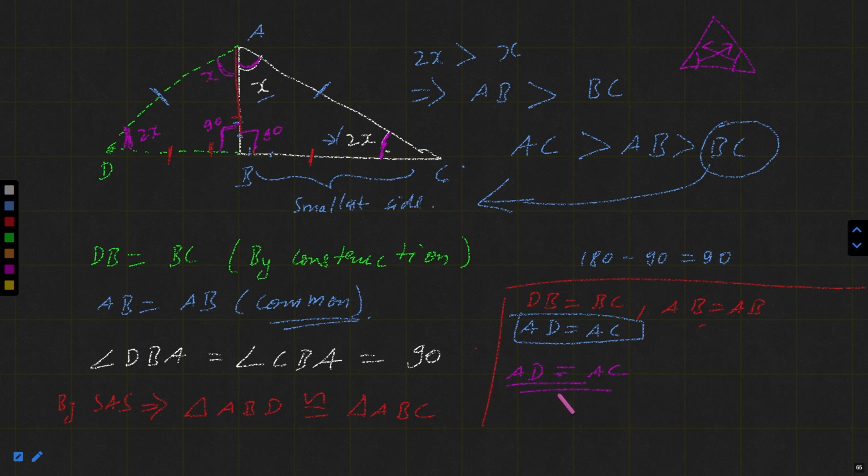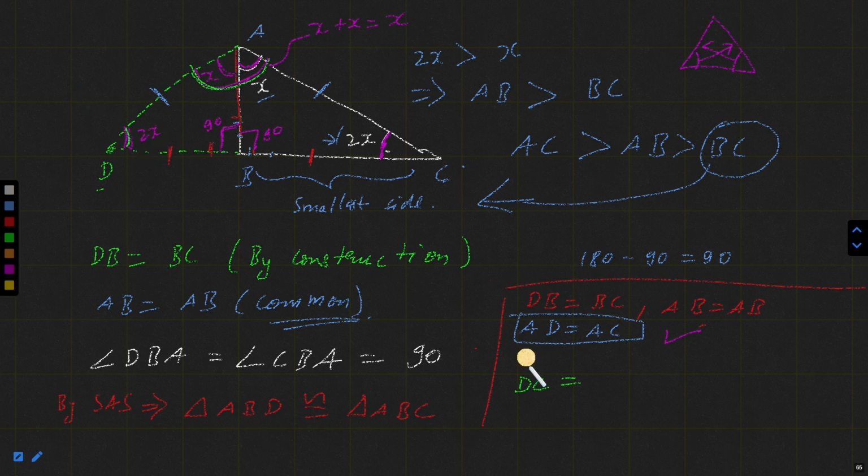Now if you see this whole angle, it is x plus x, which is 2x. So the side opposite to this whole angle, which is DC, must be equal to the side opposite to this angle, because this is also 2x.